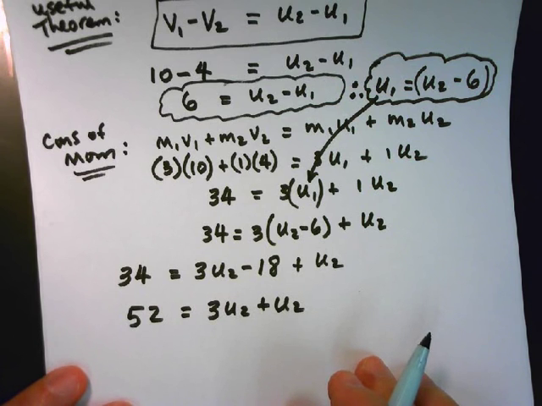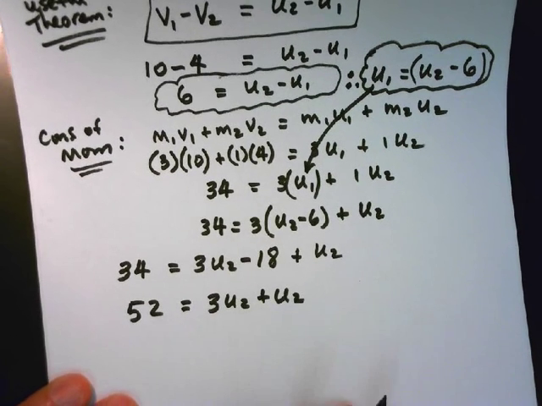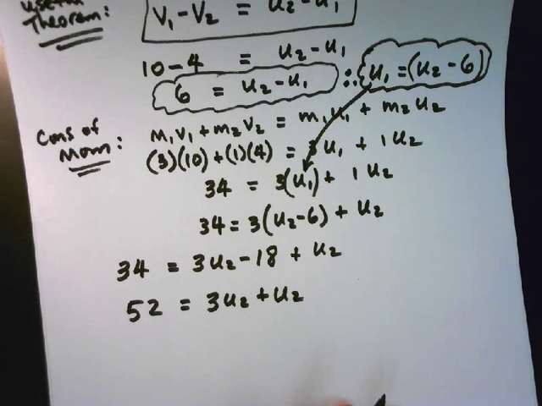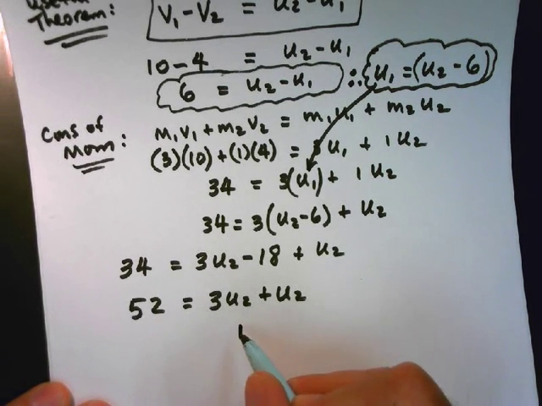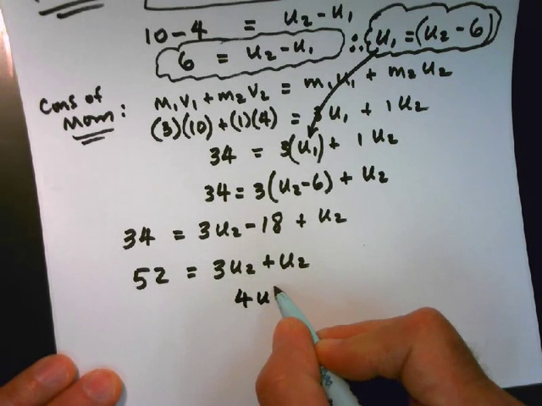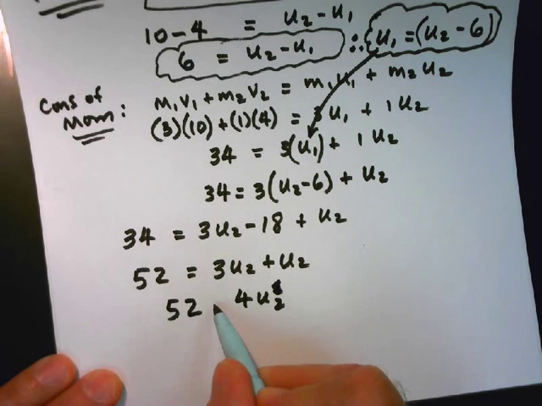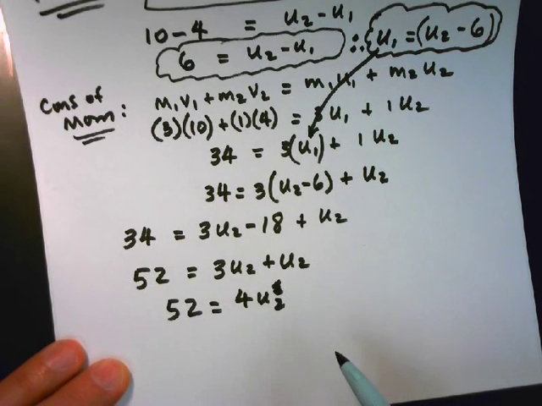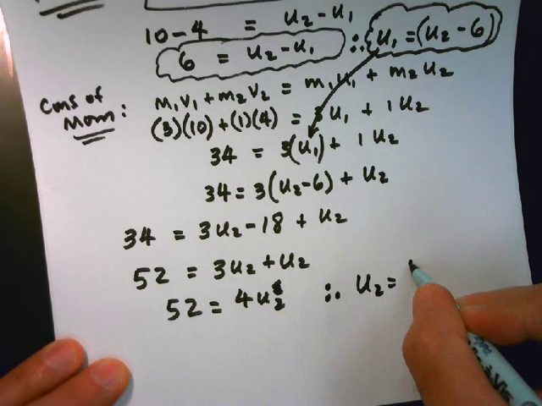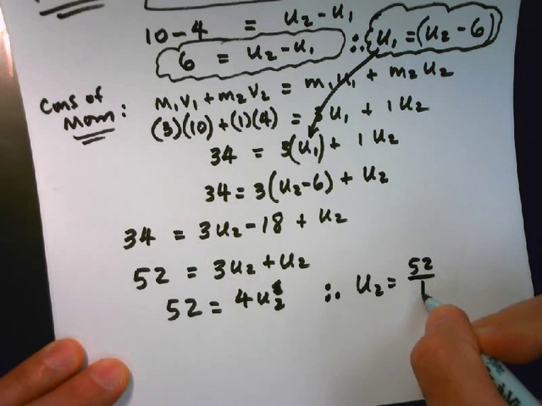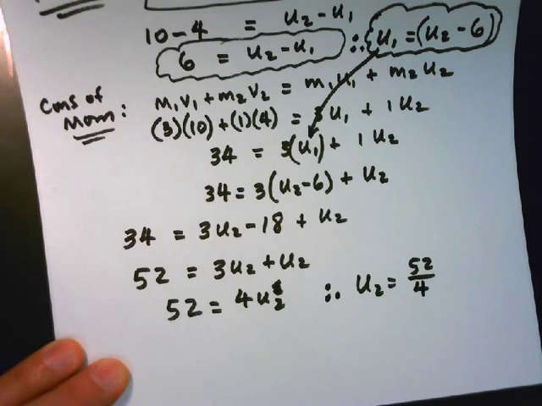So now we end up with 4u2 on this side. We get 52 equals 4u2. So therefore, u2 would be equal to 52 divided by 4.